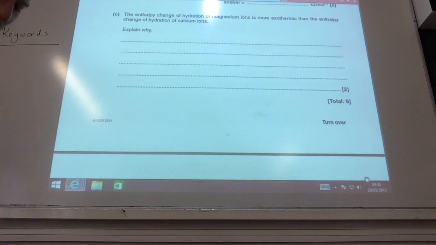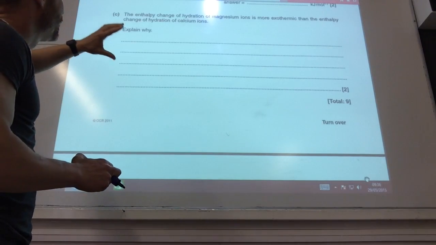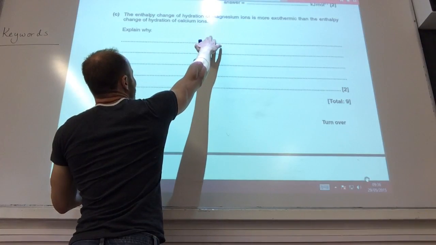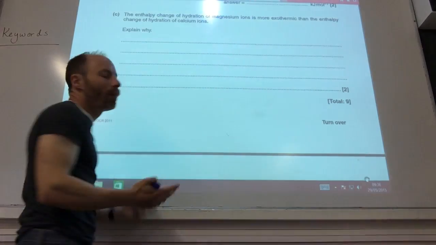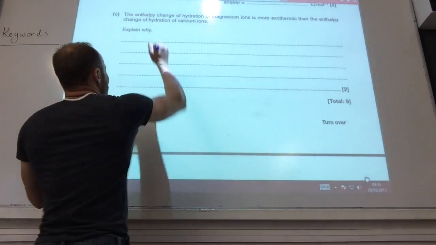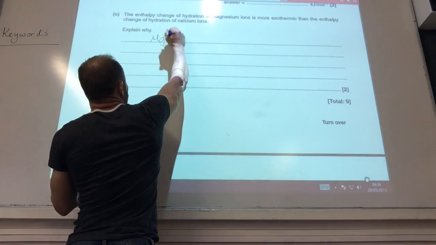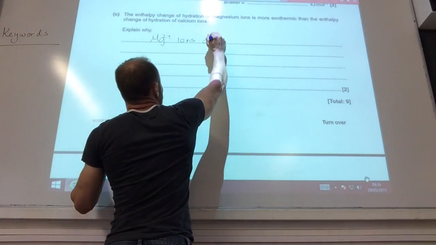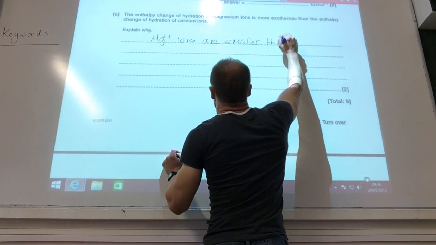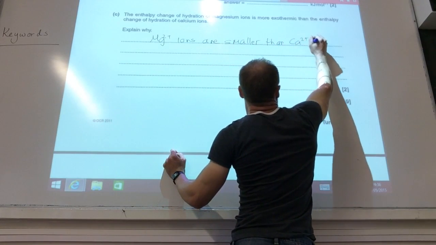Right, so enthalpy change of hydration of magnesium ions is more exothermic than that of calcium ions. Why? Well, magnesium and calcium are both in group 2, so they're both going to have a plus 2, so it can't be the charge which is the issue, it's going to be the size. Mg2+ ions are smaller than Ca2+ ions.